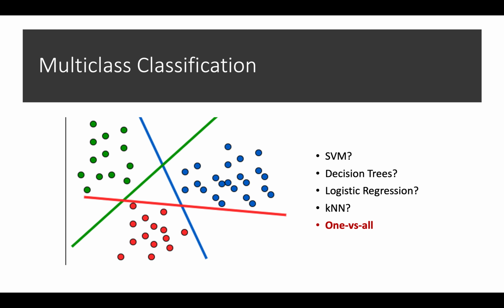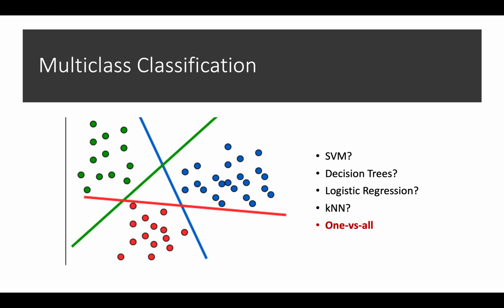And the idea is simple. It is to transform the multi-class problem into, let's say we have n classes, n binary classification problems, and then build n binary classifiers, rather than having one single algorithm for multi-class classification.